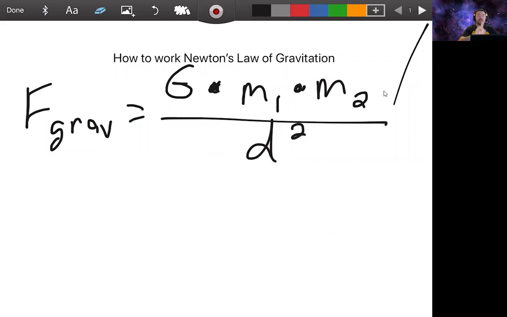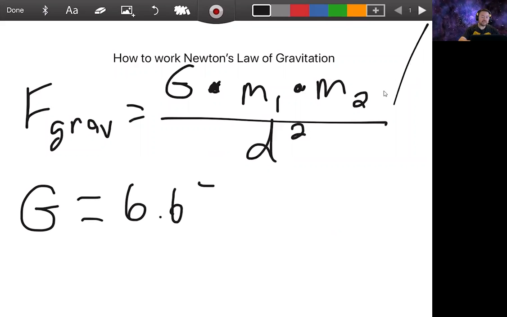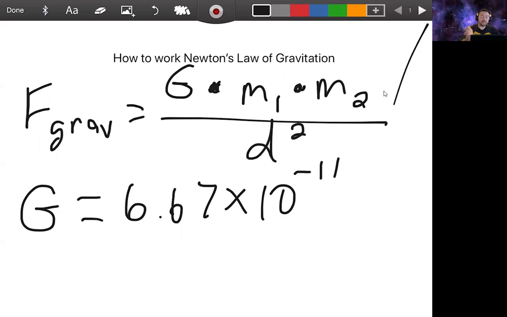Remember, there's one number on here that you will always know, and that's the gravitational constant. G, you will always know that, and it is 6.67 times 10 to the minus 11. Minus 11 is going to be multiplied times these masses, so it would really create a very, very small force.